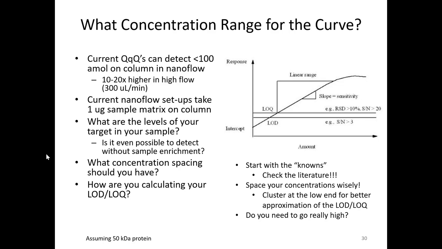And then you want to have something that will define the linear range and then define your limit of quantitation and limit of detection. There are dozens of ways to calculate limit of detection and limit of quantitation. The quickest and easiest way is if you run these response curves and you calculate your coefficient of variation at each point, then the point that is like 15 or 20%, below which you have higher variability than that percent CV or percent RSD, that would be your LOD.